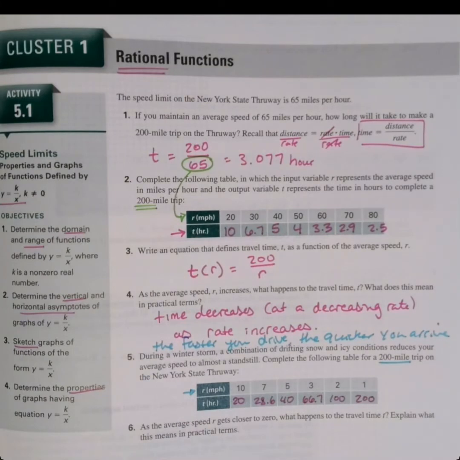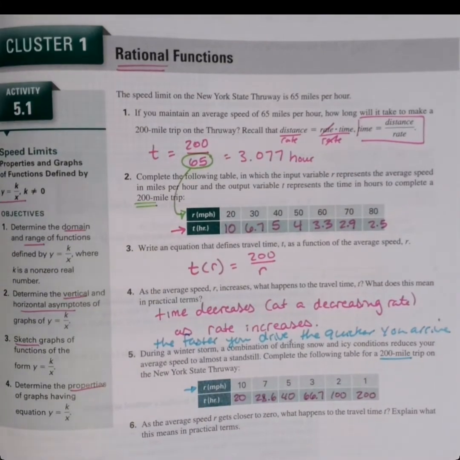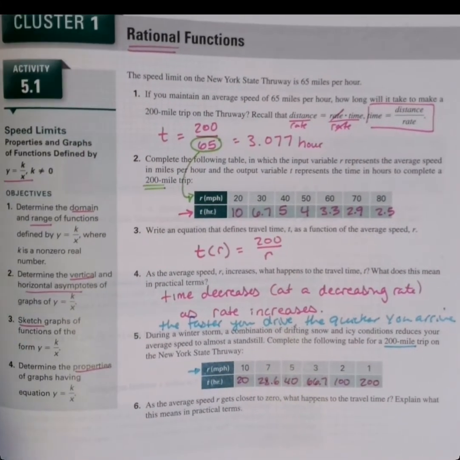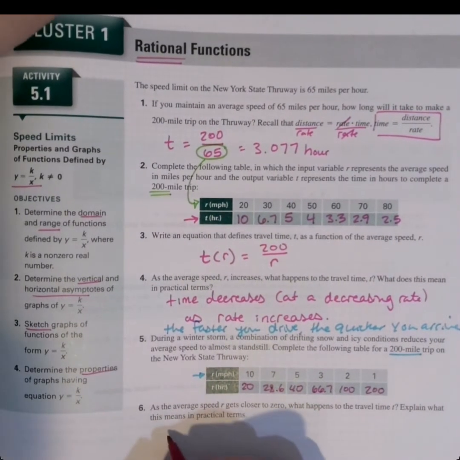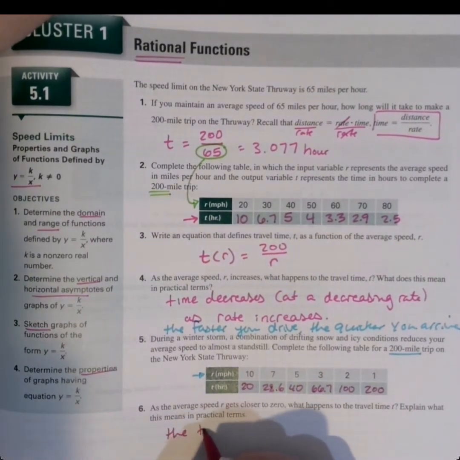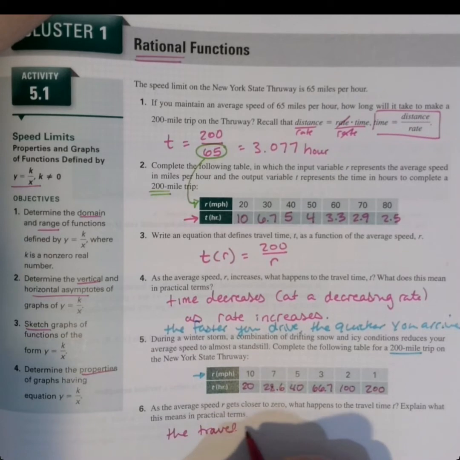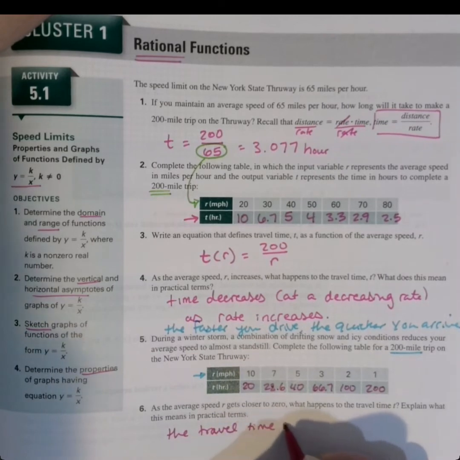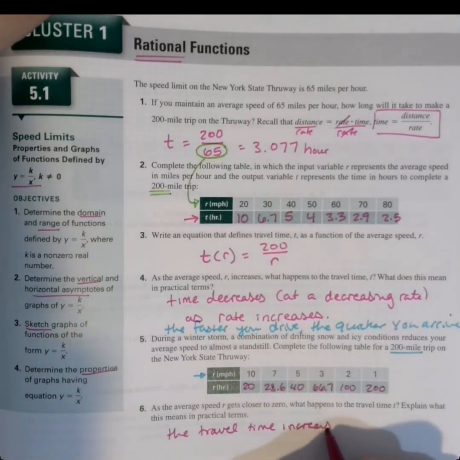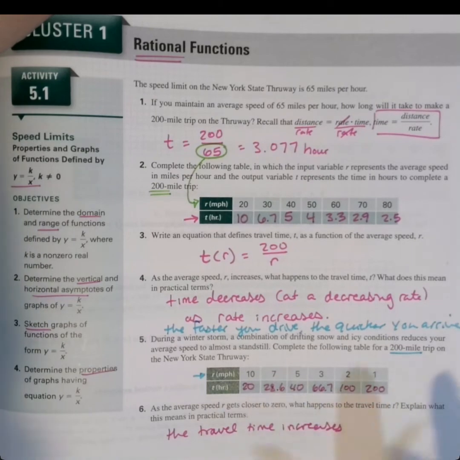So as the average speed gets closer to 0, what happens to the total travel time? The travel time increases. And it increases more and more rapidly, so at an increasing rate, because the values are getting further and further apart.